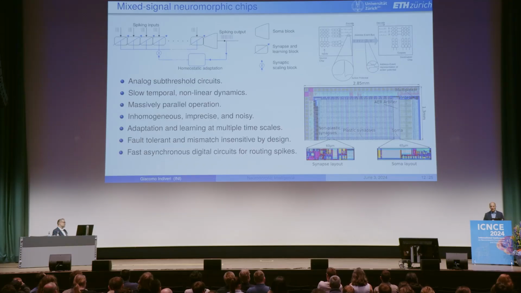And you can use all of the digital toolboxes that are available to manage these trains of digital spikes. Once the spikes reach their synapse destinations, they are converted back into currents, and the frequency of the spikes determines the amplitude of the current. And so then we can do, again, signal processing in current mode with subthreshold analog circuits. So this is how we can bridge the best of both worlds, analog and digital, in these types of chips.